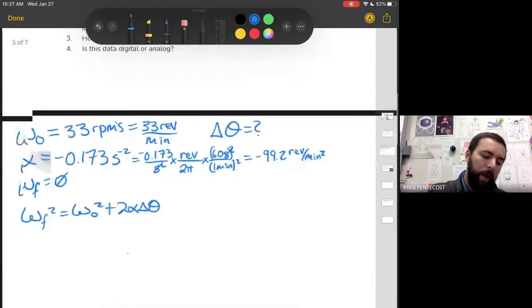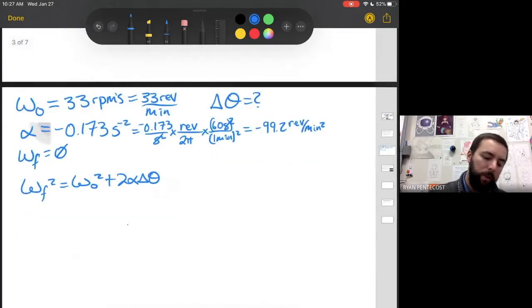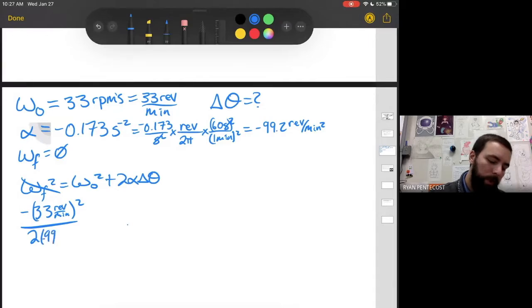Now that we have that, we can solve for delta theta. So you would have negative 33 revolutions per minute, that should be squared, divided by 2 alpha, which is negative 99.2 revolutions per square minute, and that will equal your delta theta.